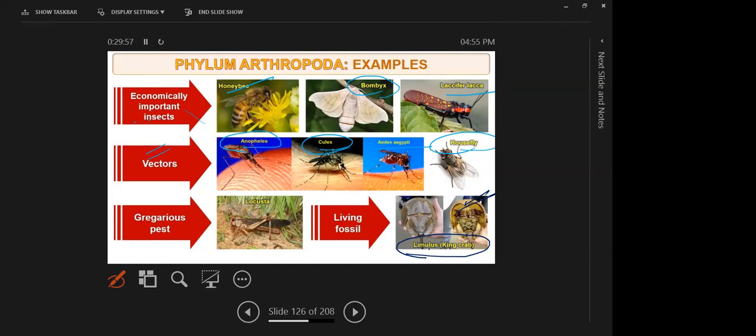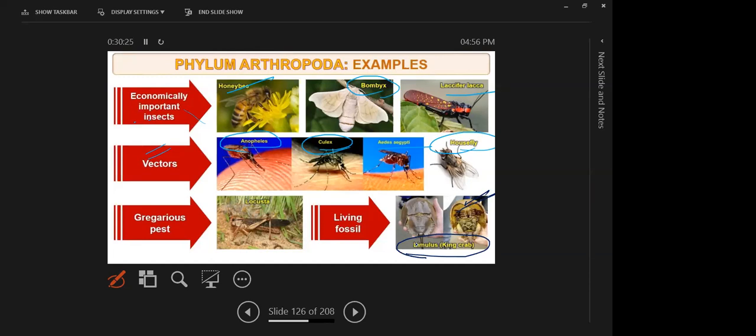No, Limulus is king crab. But the photo is of a horseshoe crab. Maybe that's horseshoe shaped. No, Limulus crab only. You can watch it on Google, YouTube also. Don't remember the picture, remember the name, because the questions will be based on the name only. Limulus is a king crab.